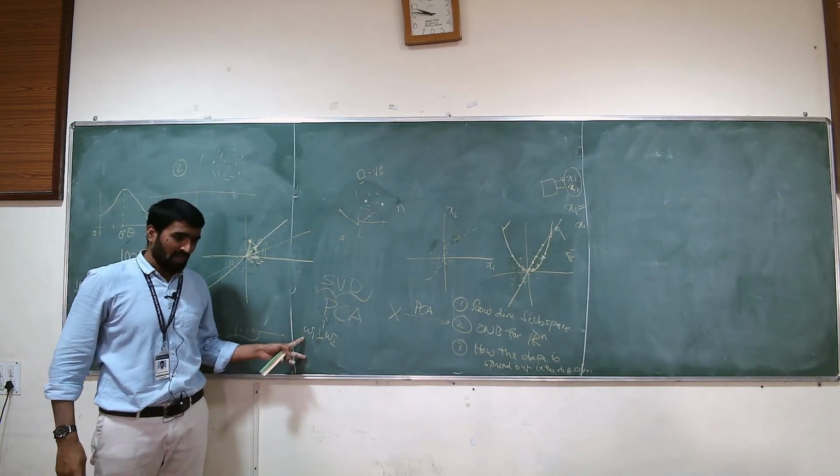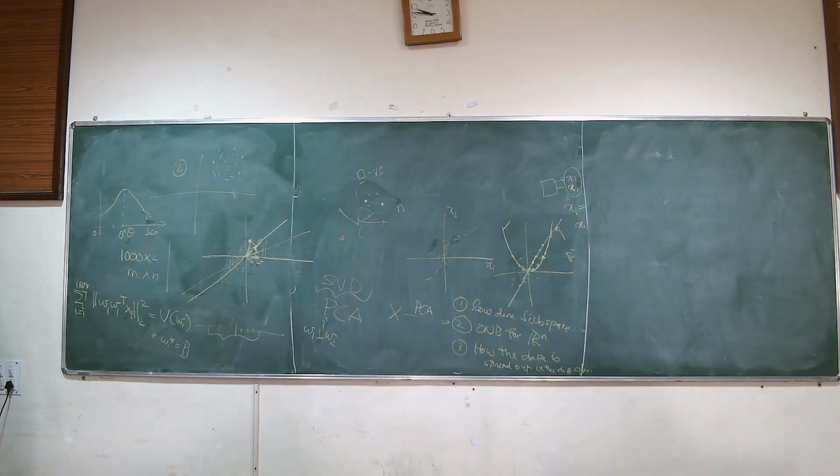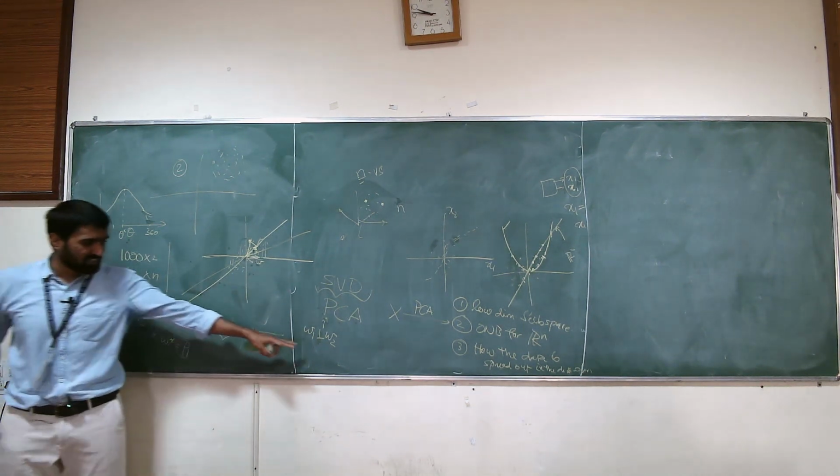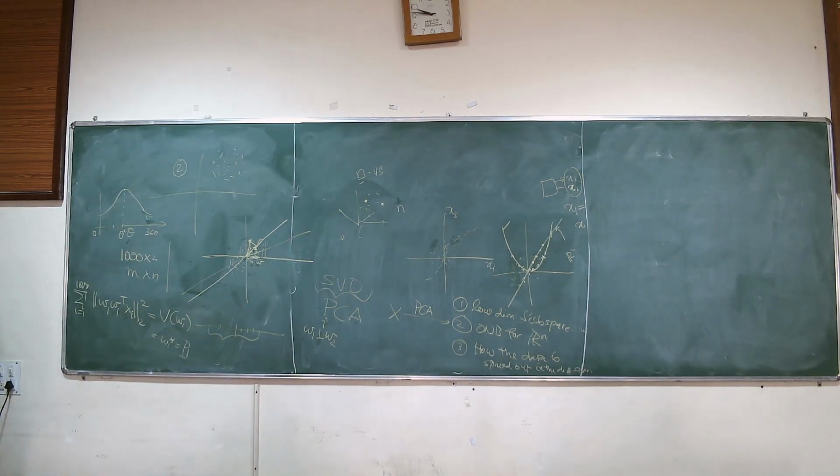Now, if you're dealing with R2, once I've identified P1, the next direction W2, which needs to be orthogonal to W1, is already fixed for me, which is only this. There are no other orthogonal directions in R2.